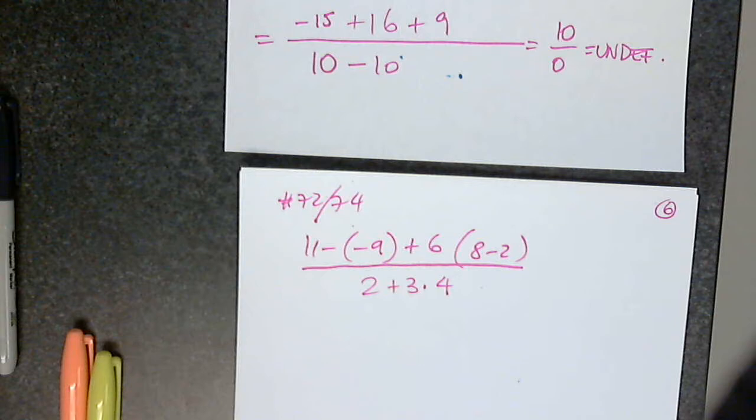I don't recommend you distribute 6. You're not multiplying. 11 minus, in parentheses, -9, that's not a product. Two plus 12 is?